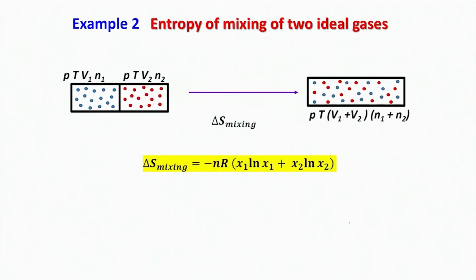So now I have this situation that for the irreversible mixing of two ideal gases, I can indeed find out the delta S of mixing in terms of the mole fraction of each of the components present in the final equilibrium mixture.